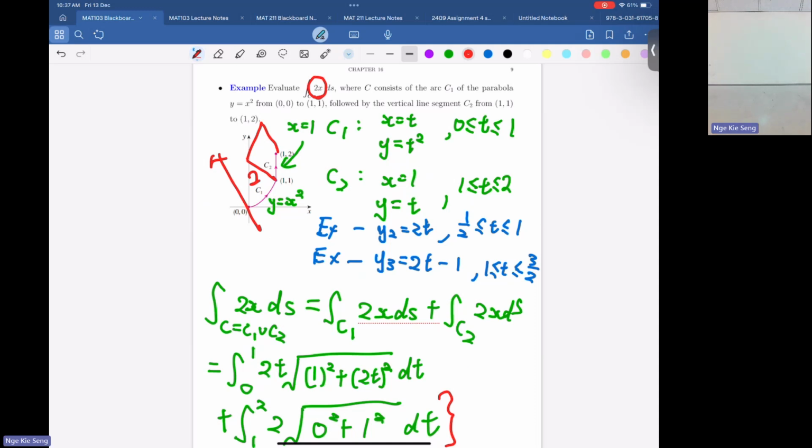So if you try to compute this area, what is it? Rectangle. Basically, it is the area of a rectangle on C2. So how to compute the area of this rectangle? 2 times the width. So what's the width here? 2 minus 1.